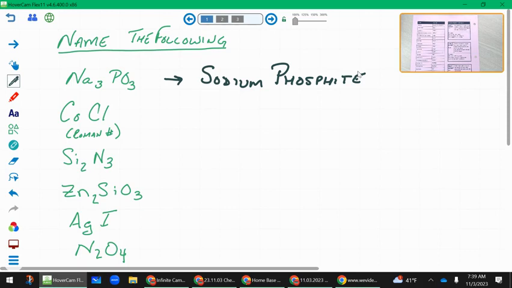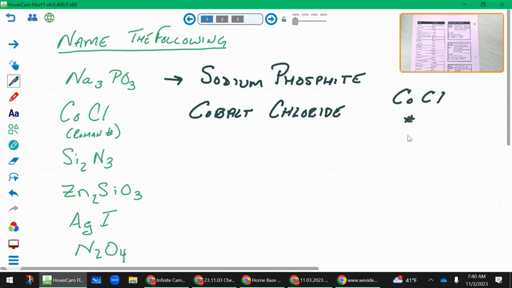Questions? All right, for this next one, Co is cobalt. Cl is chlorine, which becomes chloride in the compound. This is a binary ionic compound. So now we need to go through and we need to find the charge. To do that, ladies and gentlemen, I need to know two things.